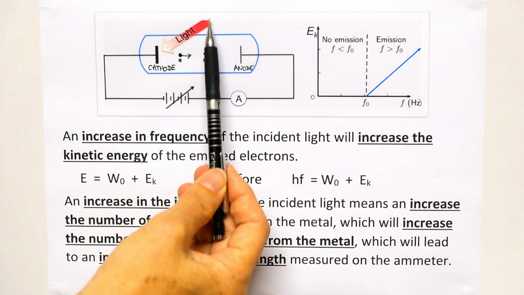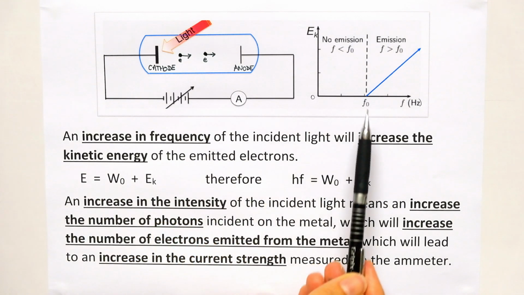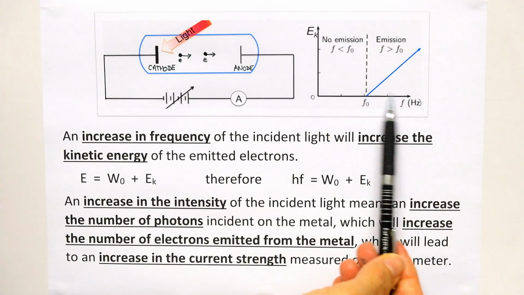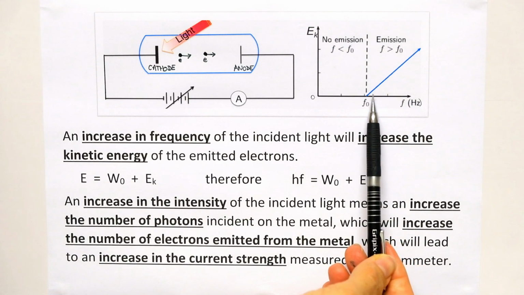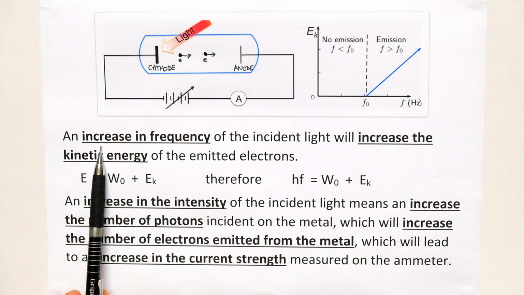So the intensity of your light determines the current strength. But just remember that the frequency of your incident light must be greater than the threshold frequency for electrons to be emitted. An increase in the frequency of the incident light will increase the kinetic energy of the emitted electrons.